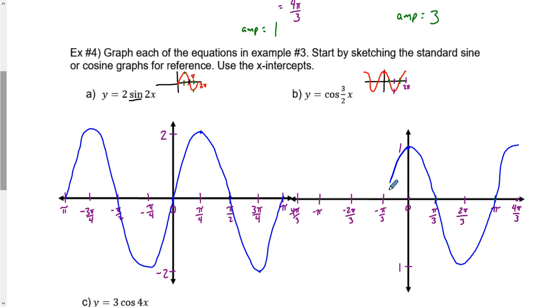We can continue that on the left-hand side of the y-axis and get the exact same graph, or the continuation, the periodic motion of this sinusoidal function. And that's a cosine of 3 over 2x.